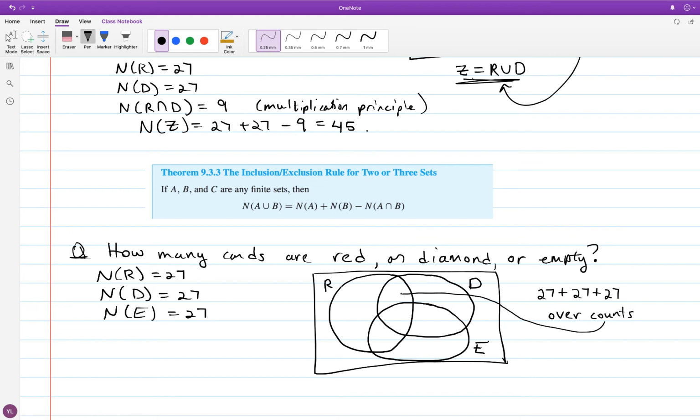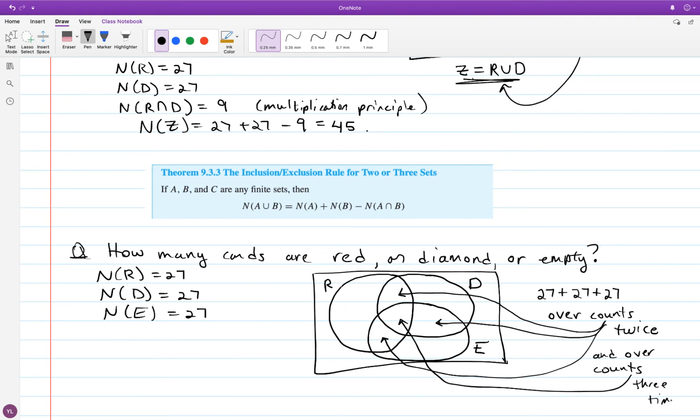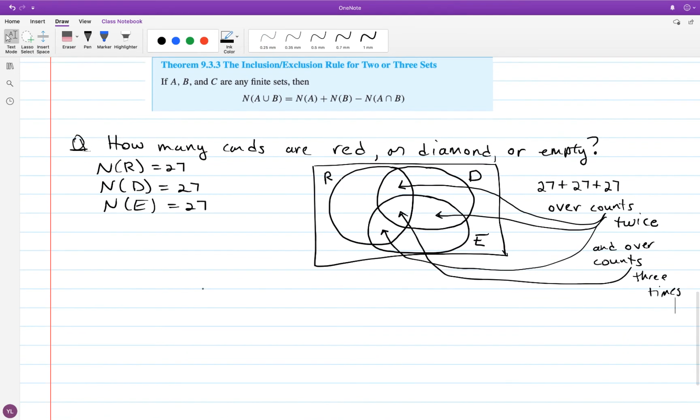Cards in these little segments of the Venn diagram that I'm marking right now are going to be overcounted twice, because they are in exactly 2 of the sets that I am counting. But right there in the center, any card that is red, diamond, and empty is counted 3 times. So when I do the 27 plus 27 plus 27, I'm going to have to subtract off the segments that were overcounted twice, and then subtract off that 1 segment that is overcounted 3 times.